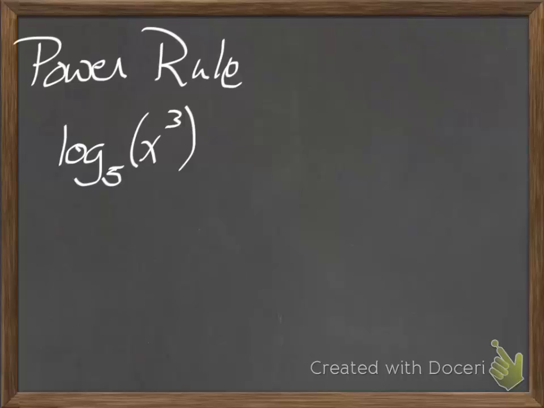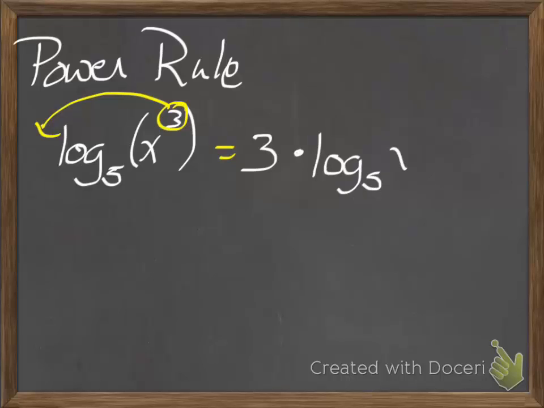When it's something like this, where it's a single term, it doesn't really matter, but if you have something being multiplied, it helps. So this is one where we take our exponent and bring it to the front. So 3 times log base 5 of x.